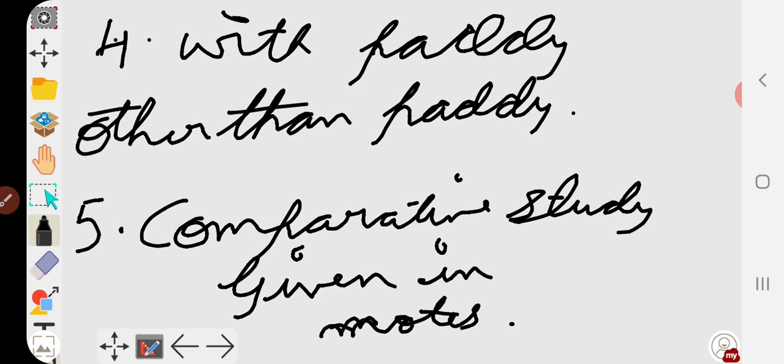All these things have to be mentioned over there. So the correct way to present the answer is in a tabular form with basis or criteria.